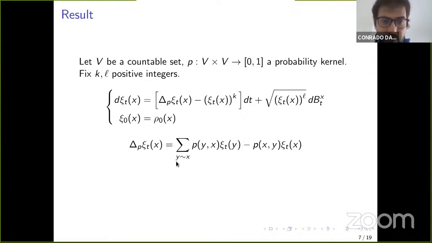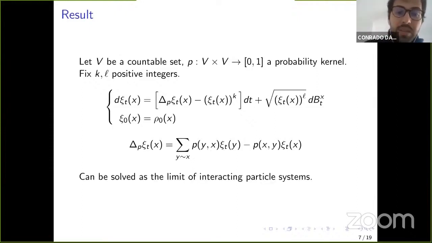So here I've written y is a neighbor of x. That is because they are neighbors whenever the probability of jumping from y to x is positive, or the probability of jumping from x to y is positive. We could have dropped the symbol here and just written the sum over all y and x in the set of vertices.